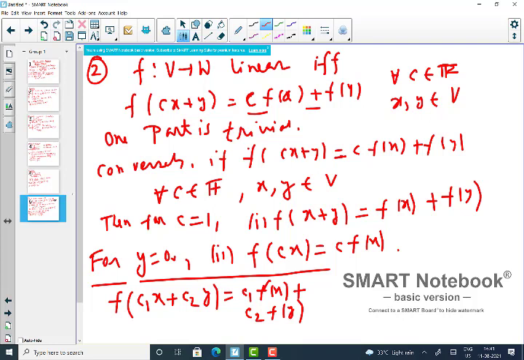And this is also equivalent to this definition. So whatever you choose, you can write down.